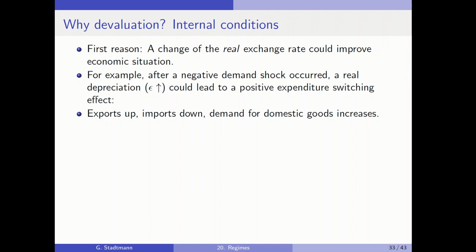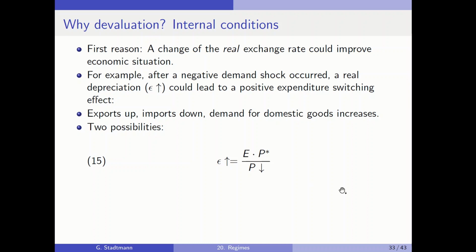For example, after a negative demand shock occurred, a real depreciation could lead to a positive expenditure switching effect and could pull the economy out of recession. Then exports would be up, imports down, and the demand for domestic goods would increase.